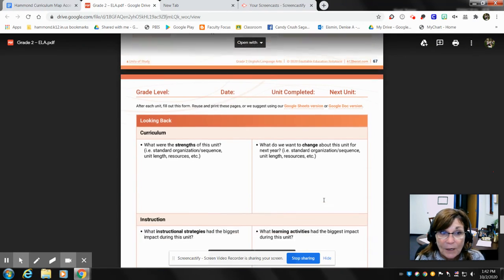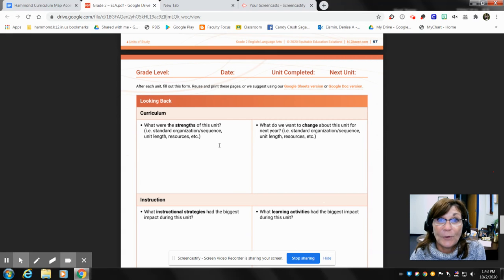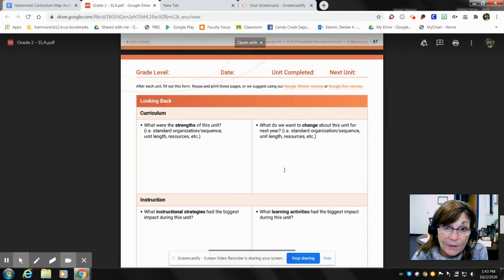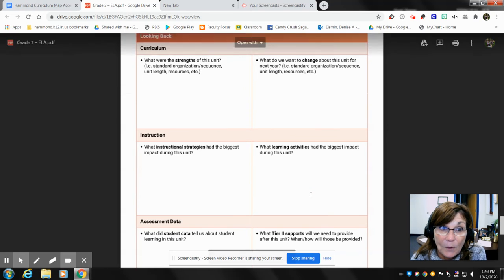So this takes us to the professional learning communities. At the top, it says after each unit, fill out this form, please, reuse and print these pages. So you have the Google Sheets version or the Google Docs version. You click on either of these, probably Google Doc. You can share that with your teammates, and then you can fill this out at the end of each unit. I really want you to focus on filling out the ELA. The math is nice, but the ELA I think is the most important because we really are building the airplane while we're flying it.